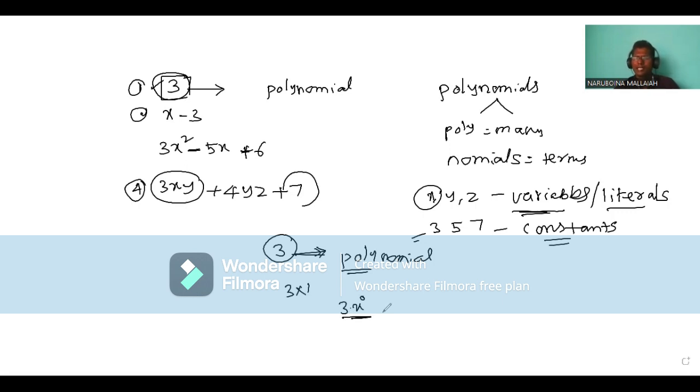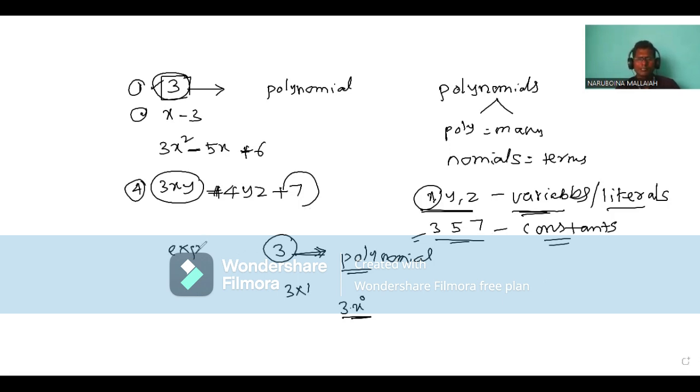So an algebraic expression contains numbers like 1, 2, 3, 4, variables x, y, z, combined by symbols, signs, plus, minus, multiplication, division, and they have exponents also.